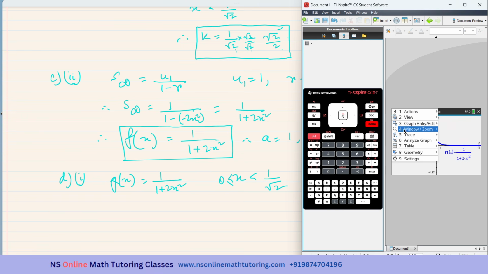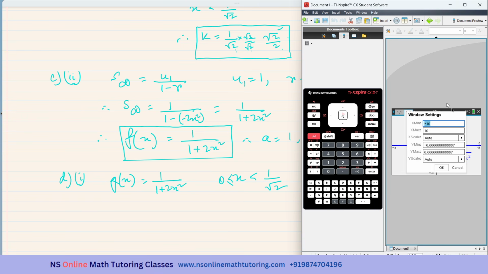So menu, then window settings, and x is between 0 and this. Let me keep the x-min as -1, I want to see the y-axis, and x max is 1 over root 2, so 1 divided by square root of 2.